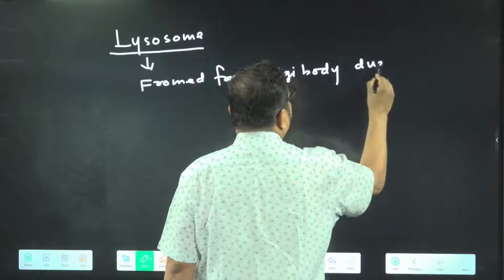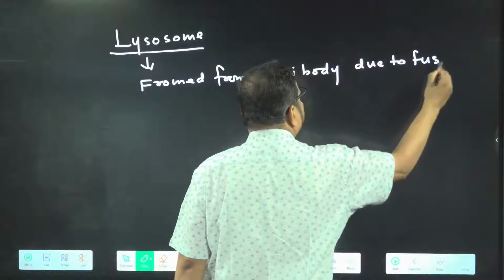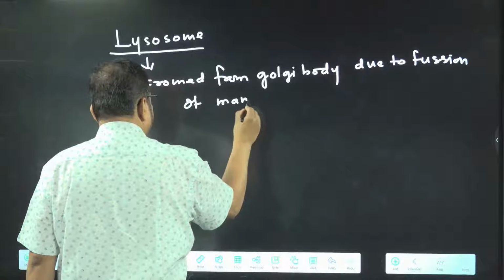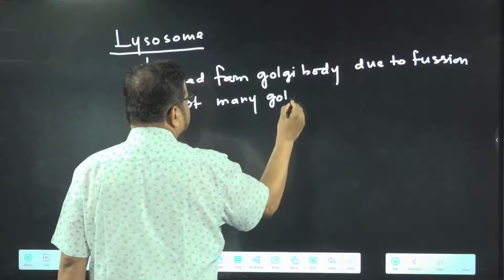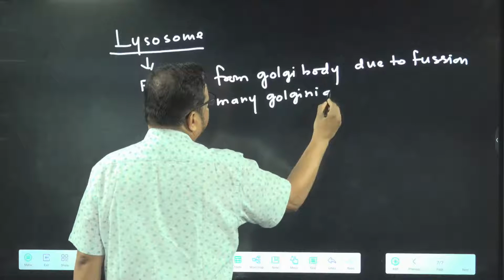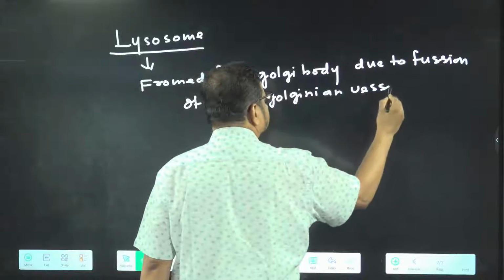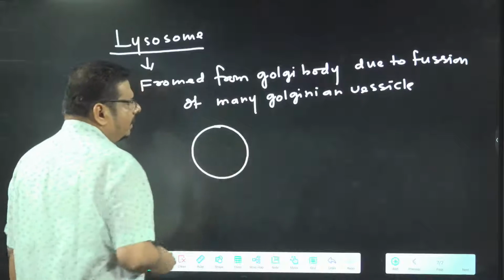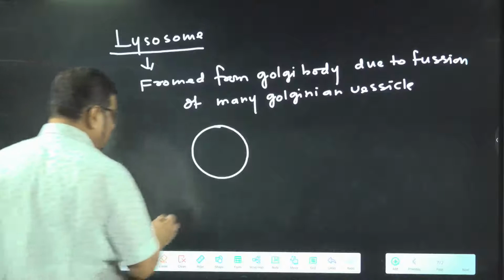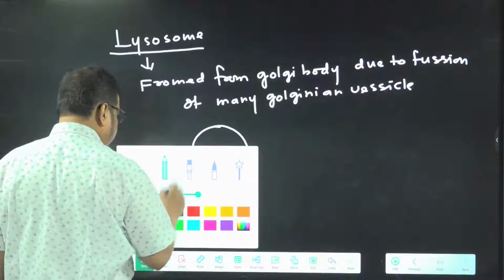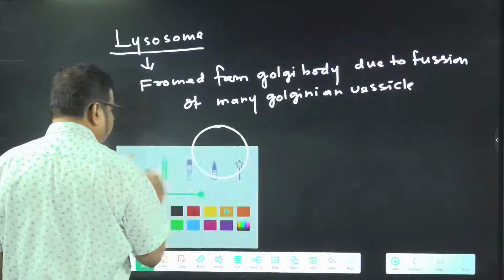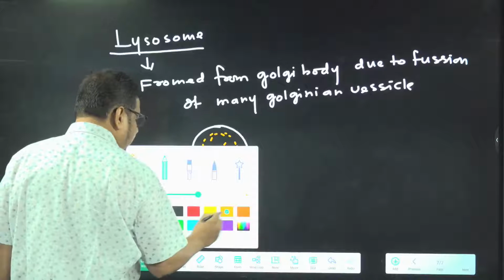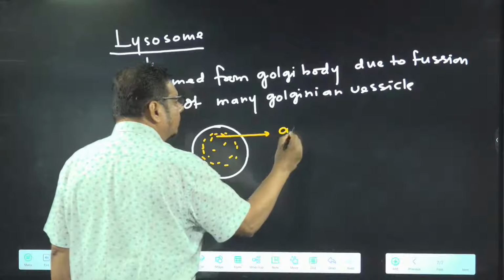Due to fusion of many Golginian vesicles. Suppose that this is a lysosome. You know, it is a single membrane bounded structure. So this lysosome contains hydrolytic enzymes. What is there? Acid hydrolases.